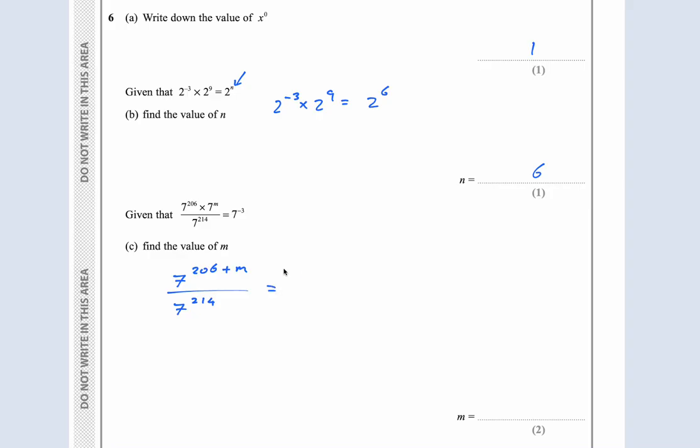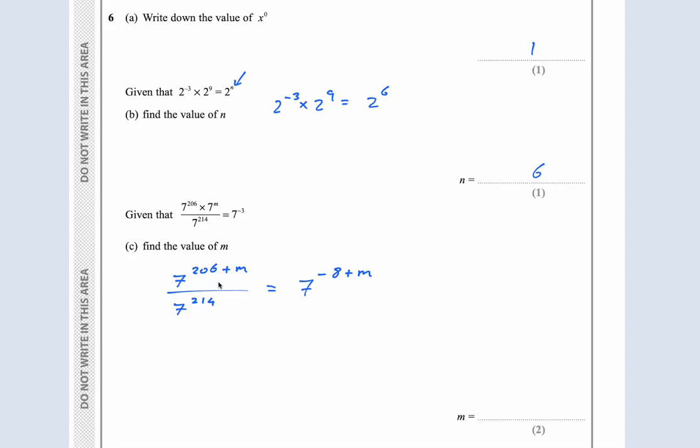is equal to 7 to the power of, now we're going to subtract the powers. So we add these two and subtract this one, so it's actually equal to, oh sorry, I thought it was 16. It's 206 minus 214, which is minus 8 plus m.